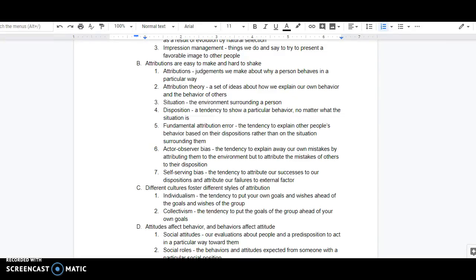So how do we decide which one we think it is when we see another person acting or even explaining our own behavior? In making attributions about other people's behavior, we commonly make a mistake called the fundamental attribution error, which is a tendency to attribute other people's behavior to their disposition rather than the situation surrounding them.